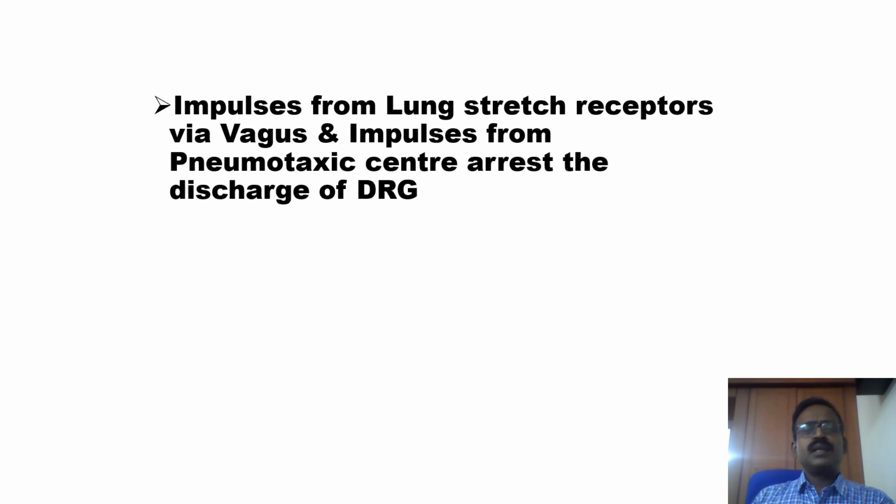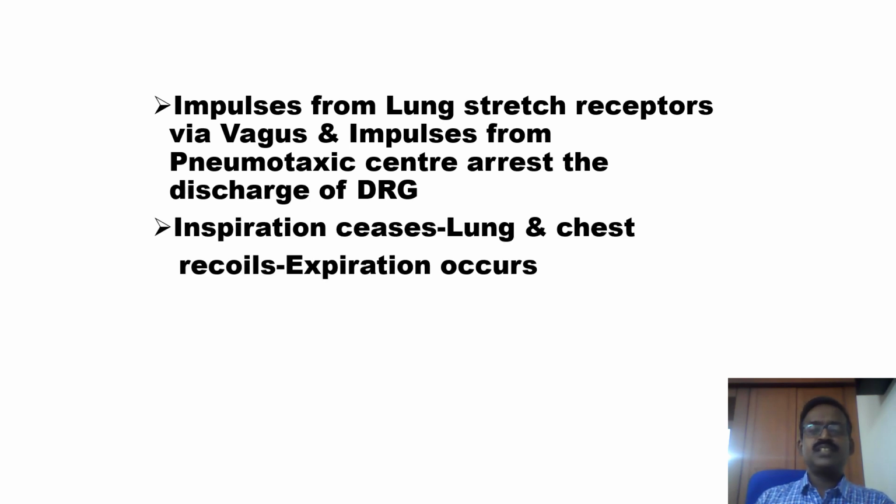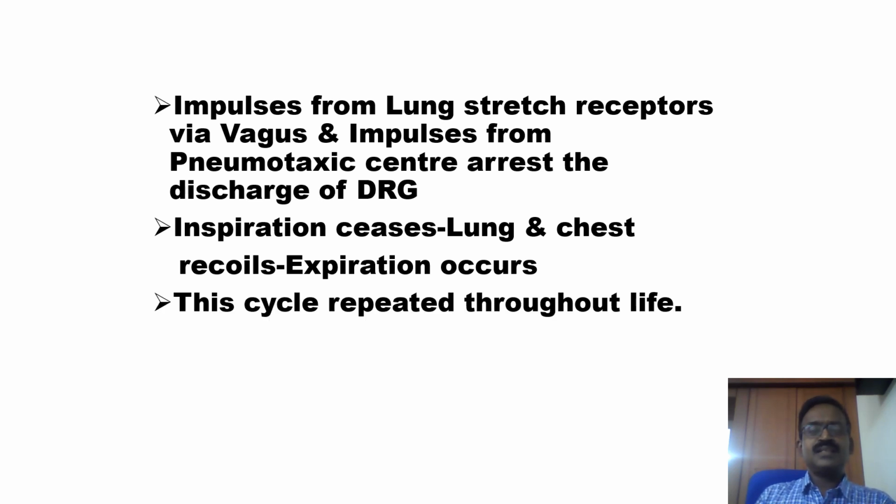Impulses from the lung stretch receptors during inspiration via the vagus, or impulses from the pneumotaxic center, arrest the discharge of the dorsal respiratory group of neurons. So inspiration is stopped, and the lung and chest recoil. Recoil means it shrinks, and this produces expiration. This cycle is repeated throughout life.